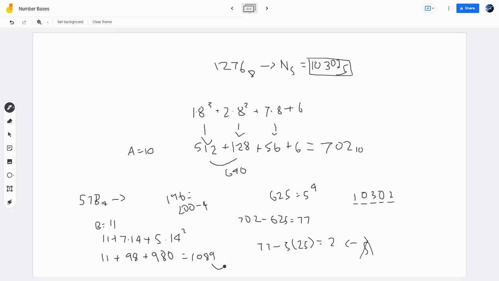So the greatest power of 16 that goes into here is going to be 256, right? This is equal to 16 squared. So how many times can we subtract this?